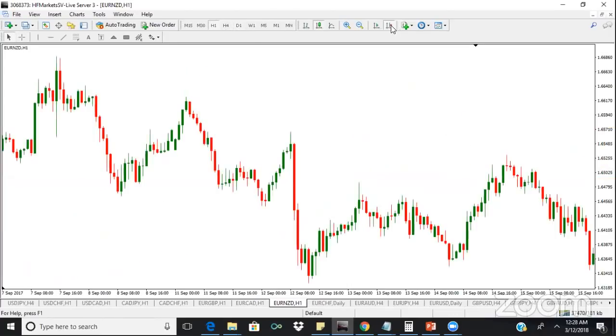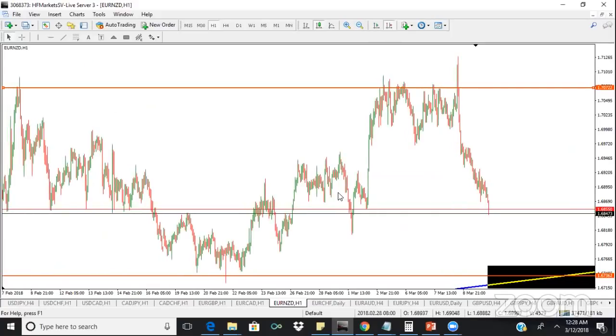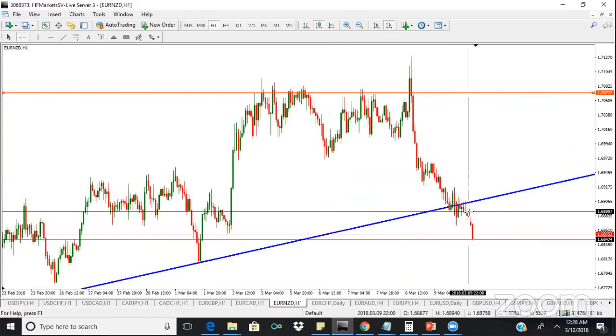But on a short time, let's go on the short term. Look at on the short term, guys. This is the last uptrend. Look at, it has been broken. So if you knew when this happened, when it broke it, you enter a sell here.